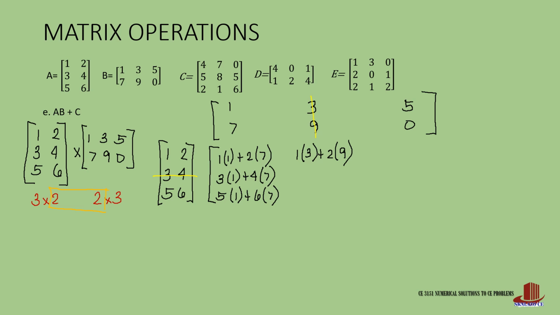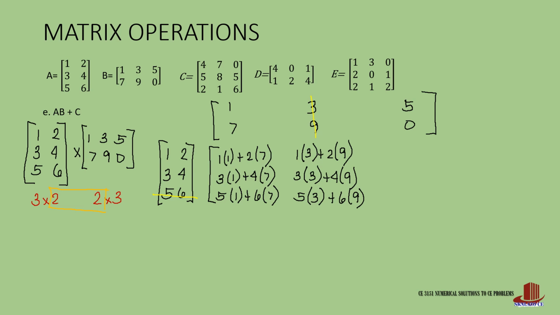Moving on to the second row, 3 times 3 plus 4 times 9. And for the third, we would get 5 times 3 plus 6 times 9. Then we are done with the 2 columns.